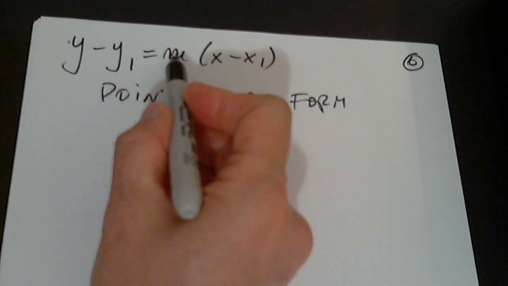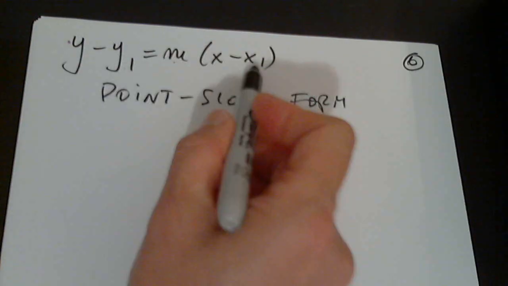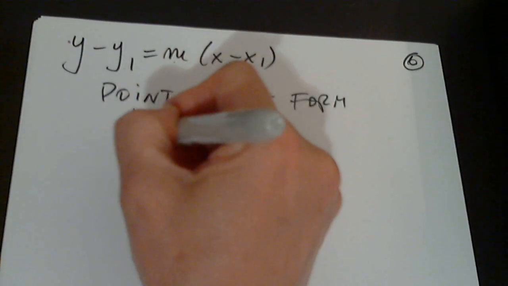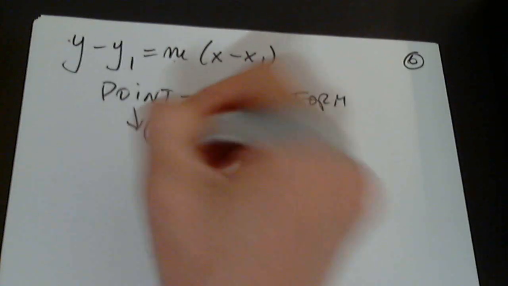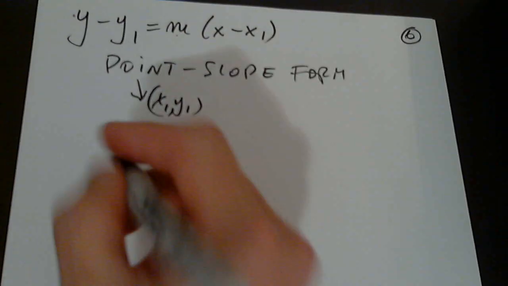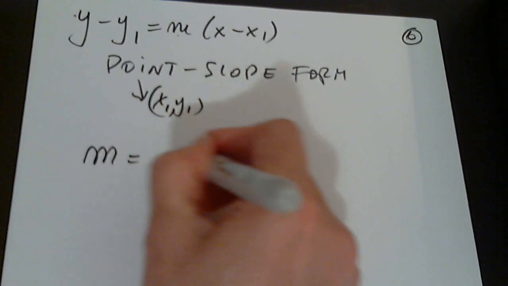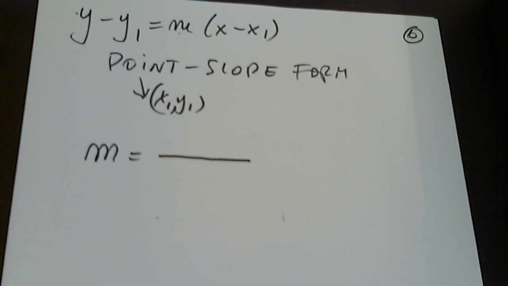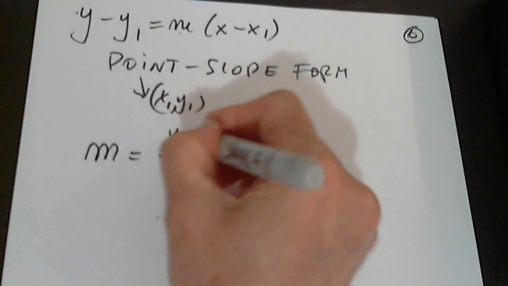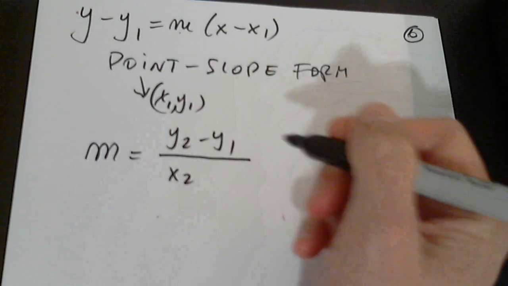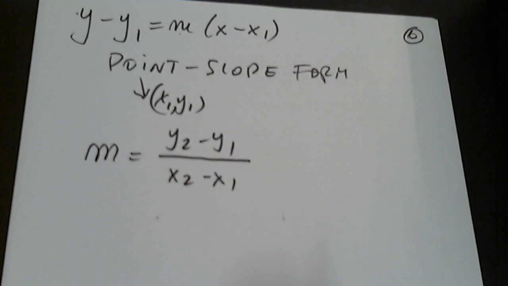Good. Where this is the slope, of course, and this is the point. What is the point? The point is x1, y1. Then the equation of the slope that you told me last time when we looked at the difference quotient: y2 minus y1 over x2 minus x1.